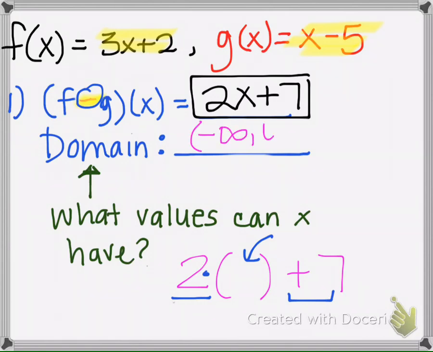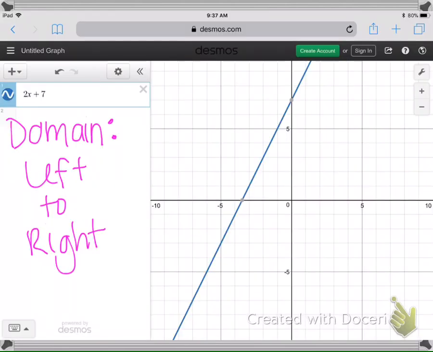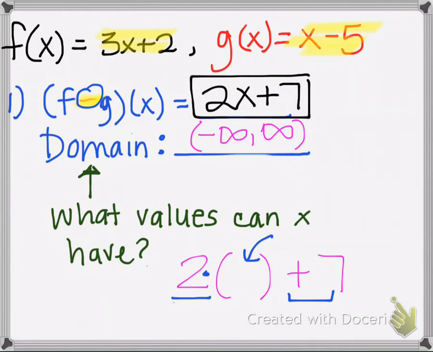So x can take on all values. Now if we look at the graph of 2x plus 7, from the left it's going infinitely to the negative side, and as you move to the right it's going infinitely to the right. So it matches the domain we said just by thinking about it.